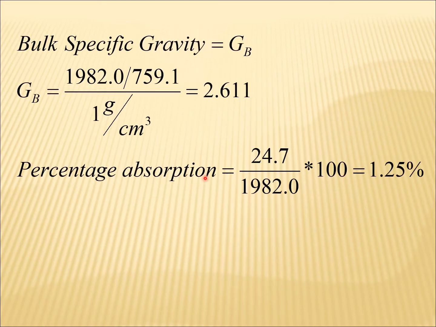Now on this slide you can see the bulk specific gravity, where we use the bulk volume, 759.1, and you get G sub B equal to 2.611. Then by using the formula of the percentage water absorption, you get 1.25%. So in this problem, we determined the apparent specific gravity, bulk specific gravity, and the percentage water absorption.